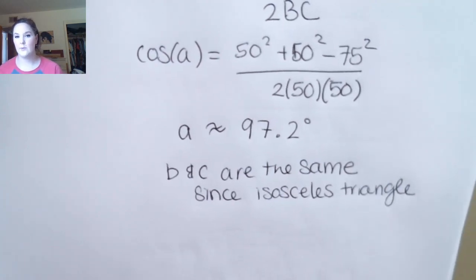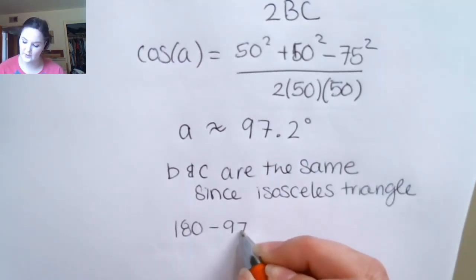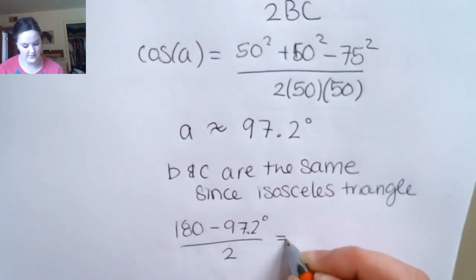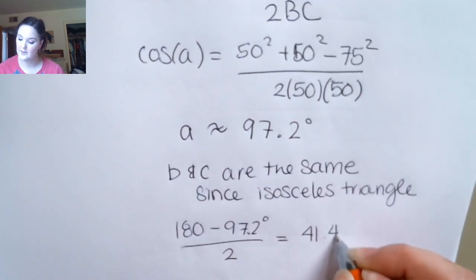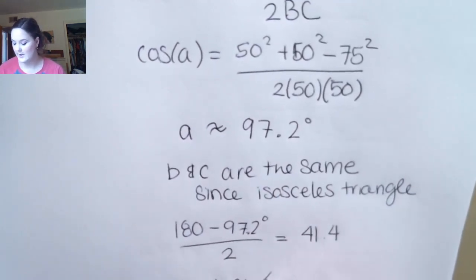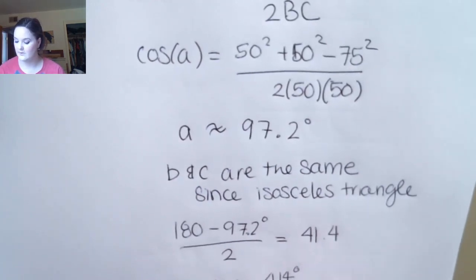Okay, so what we can do is just do 180 minus 97.2, okay, and then divide it in half. Okay, so this will give us each of our angles B and C are 41.4 degrees.